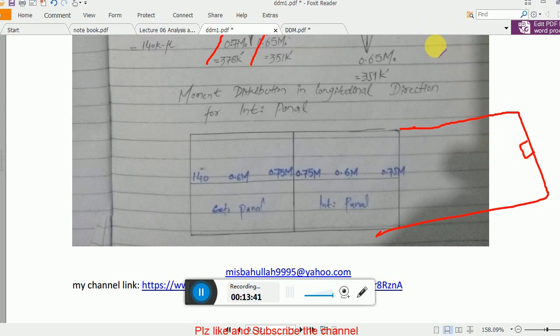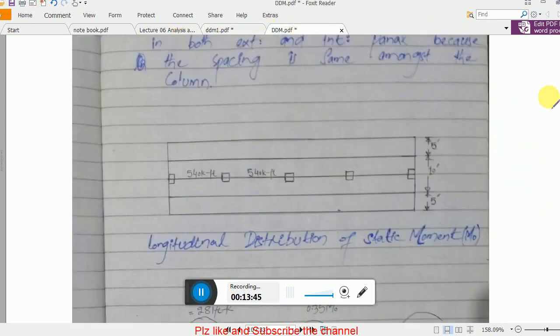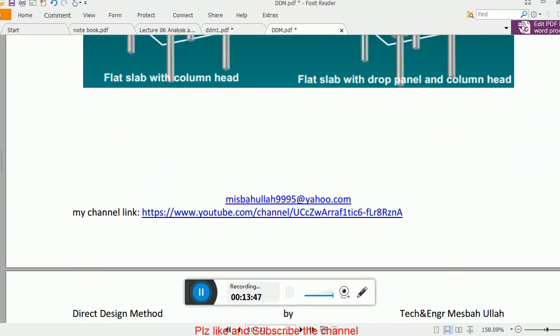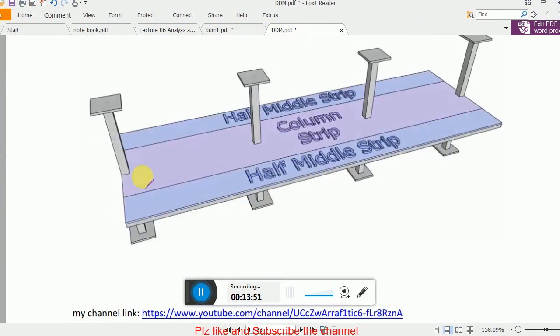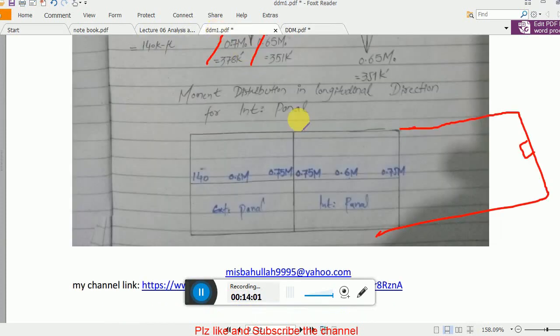Clear? This is important. And 140 moment will be here at the face of this column, and 0 will come here and 0 will come here. This will be clear.